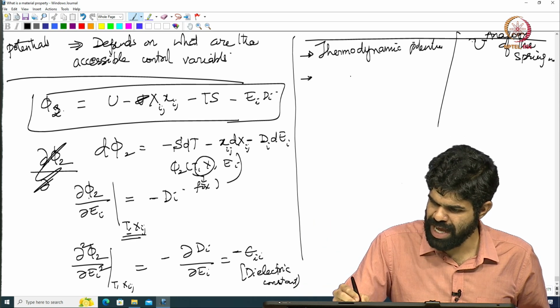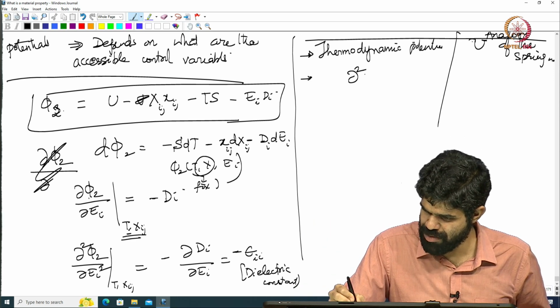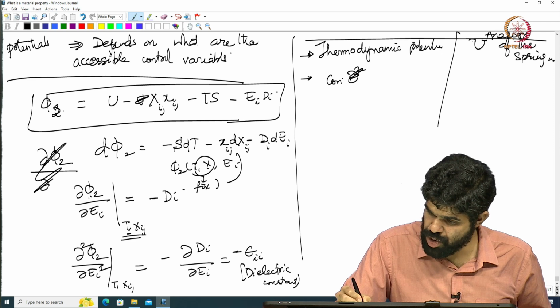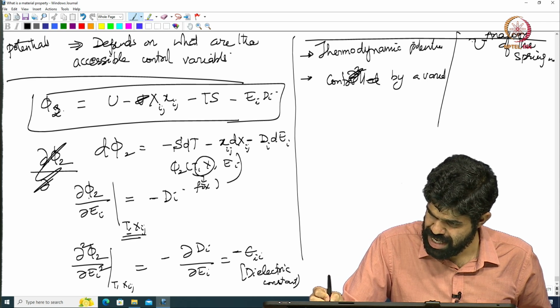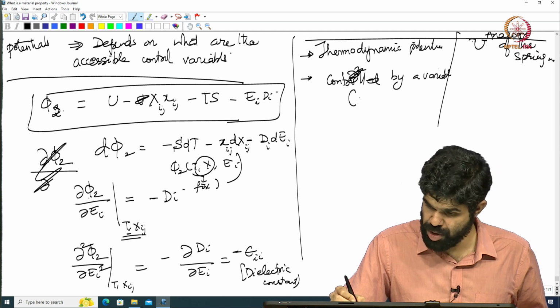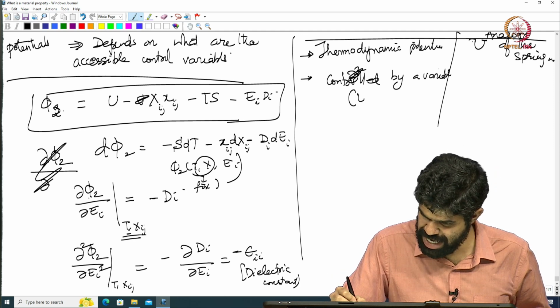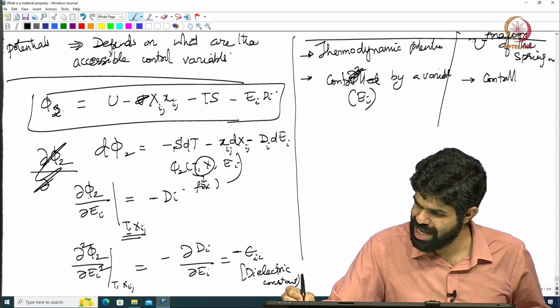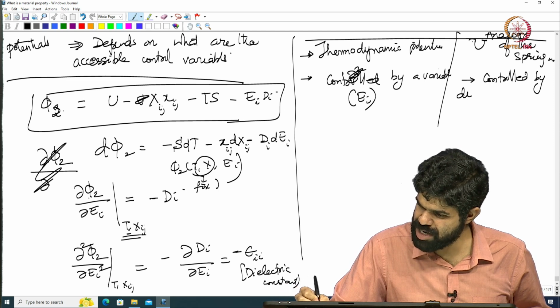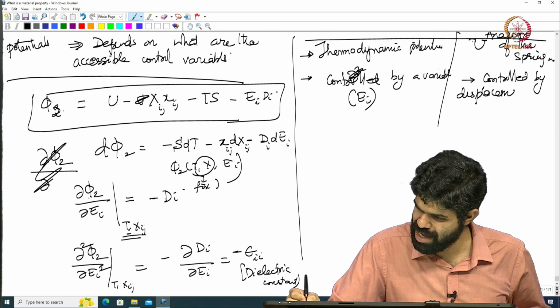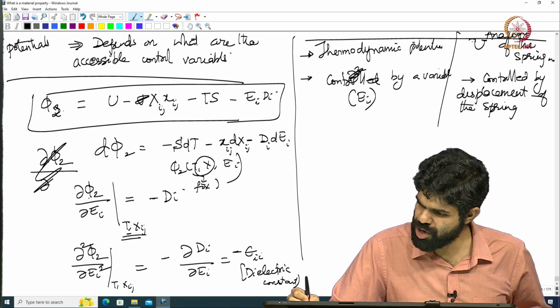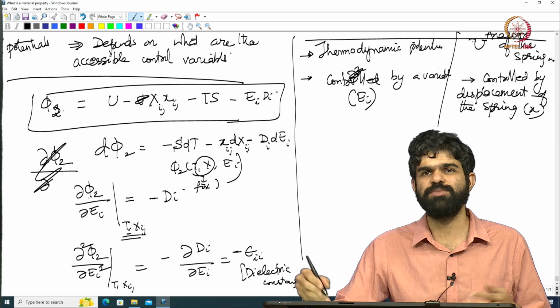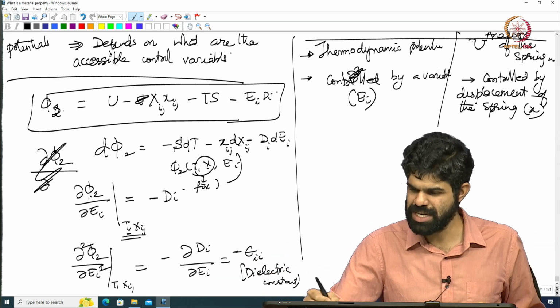And then I take a double derivative of the thermodynamic potential, and this can be controlled by a variable. In this case, this thermodynamic potential is controlled by, or changeable by, a variable Ei, right. So, here also it is controlled by displacement of the spring. Control meaning if I change the displacement of the spring, the energy of the spring changes, right.